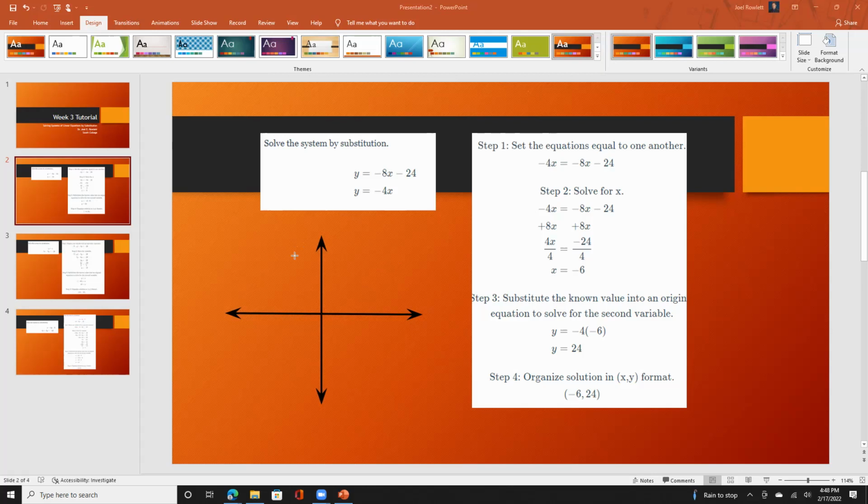We said that if we were to graph the line y is equal to negative 4x, it would have a slope of negative 4 and pass through the origin. So it would look something like this. Let's let that be y equals negative 4x. And then I'll graph y is equal to negative 8x minus 24 in yellow.